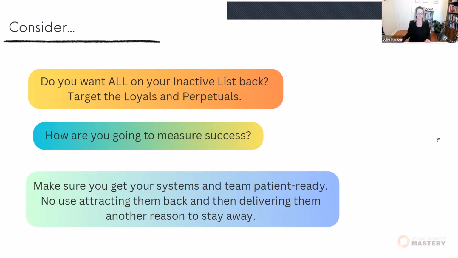You just don't know. The second thing to consider is, how are you going to measure success? Measuring these sort of exercises is so crucial. Is it going to be a waste of time? Is the messaging going to need to change in order to get better results? Tracking your success is a fantastic way of doing it.